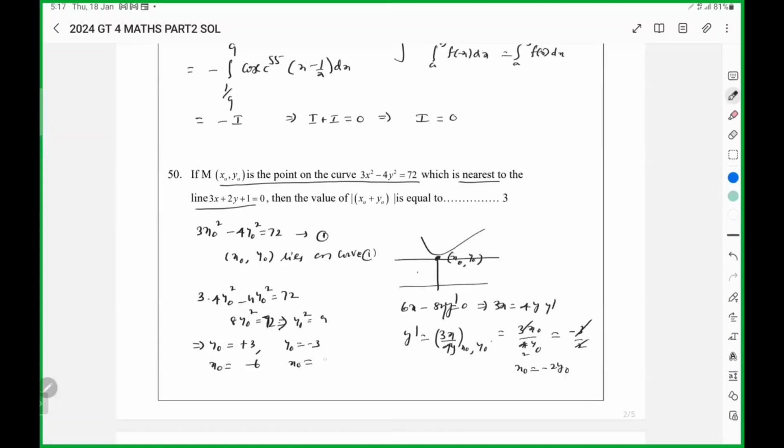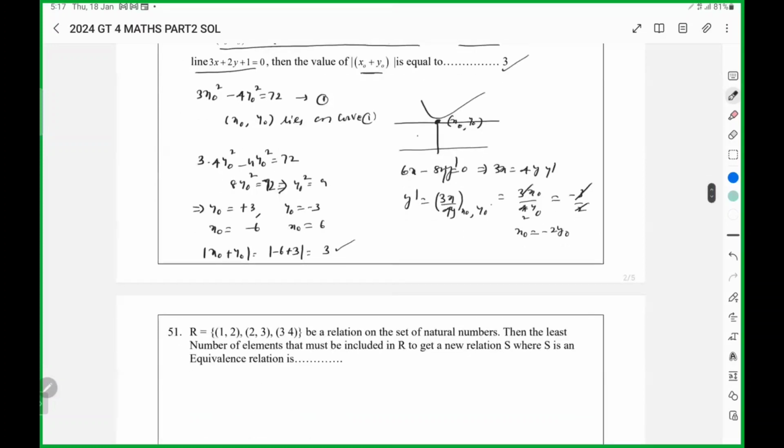X naught becomes 6. So in both the cases, answer is 3.